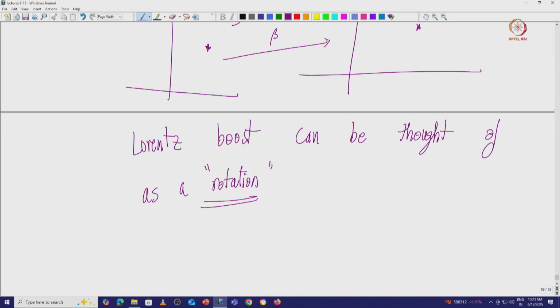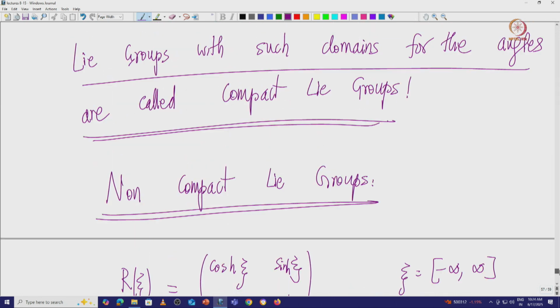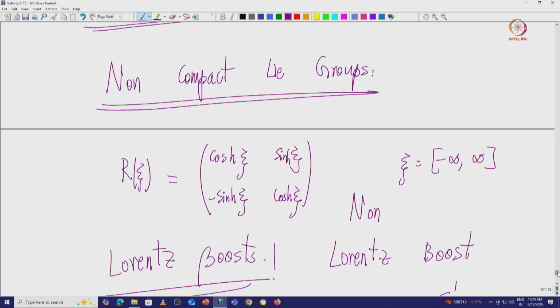You write the matrix like a rotation matrix, but it's not really a rotation, because it's a hyperbolic angle, so it is a transformation with hyperbolic angles.